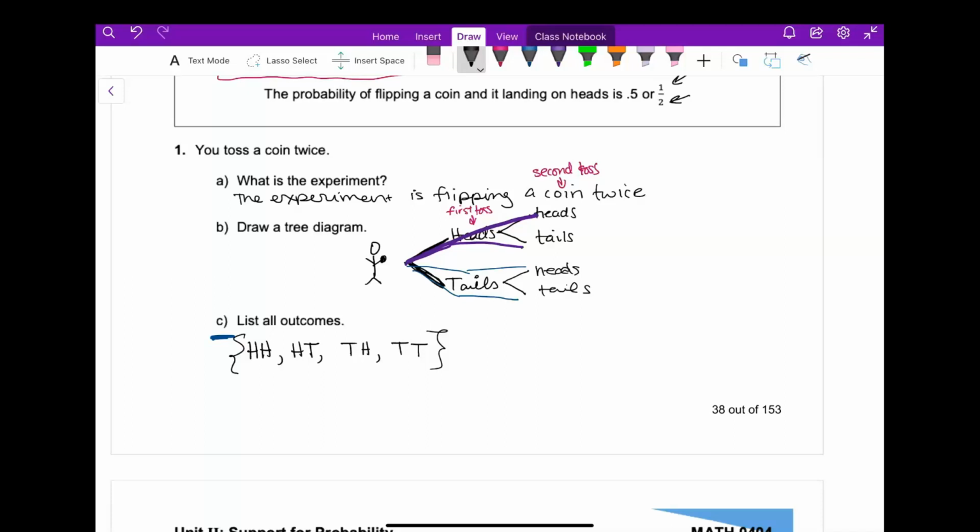If you're not one to want to draw all over the map the way that I just did, you can also look at and count the little branches at the end. So this is one outcome, you can follow it all the way, heads, heads. And then this is a second outcome, heads, tails. Third outcome, tails, heads. And fourth outcome, tails, tails. So you can count these as well. You don't just have to follow the map. You can do it several different ways. And that is our first experiment.